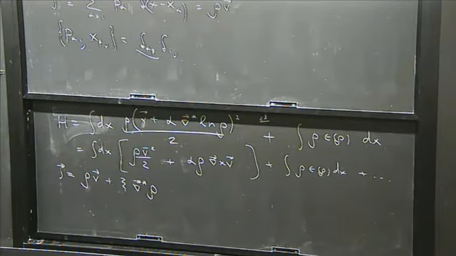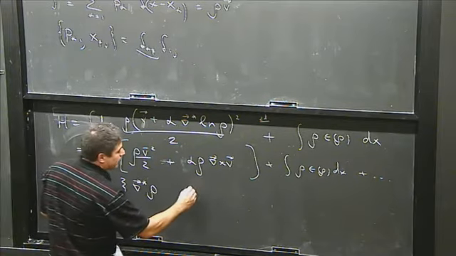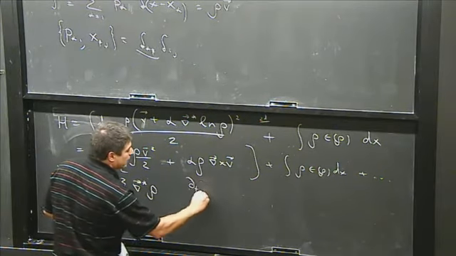Okay. Then using this Hamiltonian and the previous Poisson brackets for density and velocity, we can easily derive the following equations.